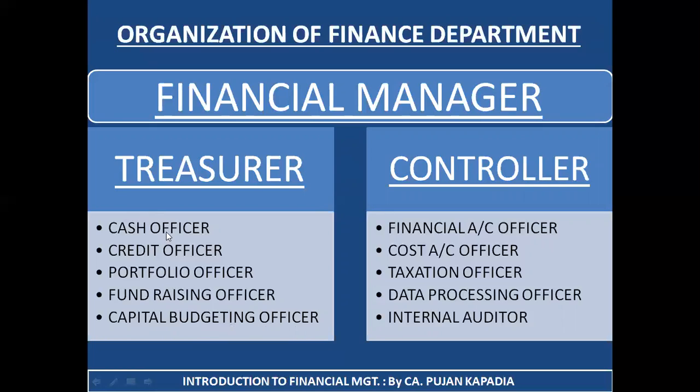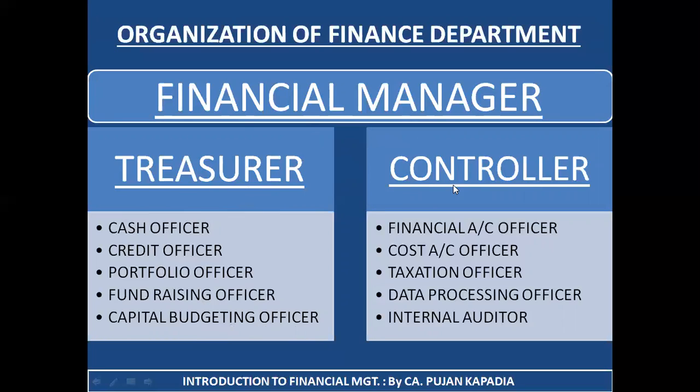So basically, these five functions are the functions of a treasurer. It falls under the Department of Treasury. So whenever I talk about a finance department in my organization, the main person is the financial manager. Further, it is divided into two departments: the treasury department and the control department. Under the treasury department, these are the five different officers who perform.